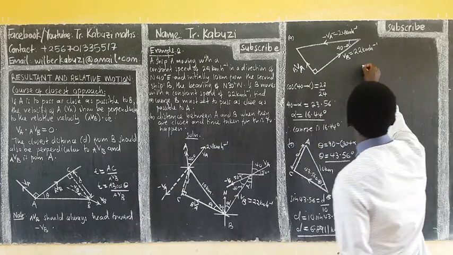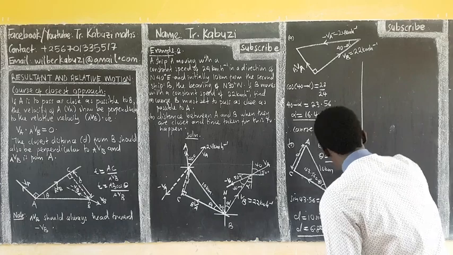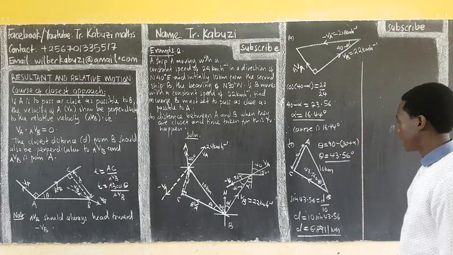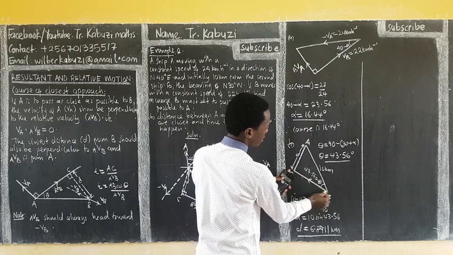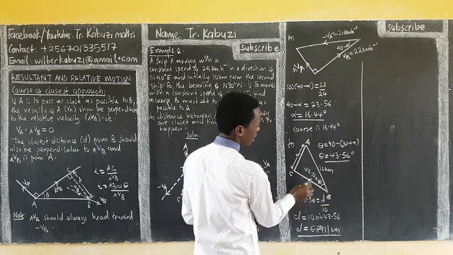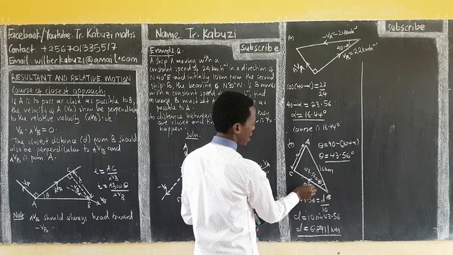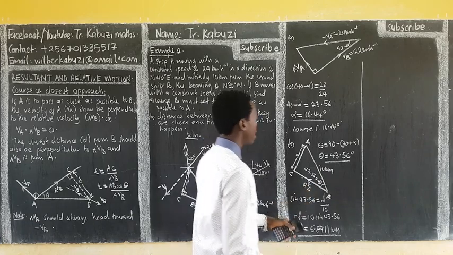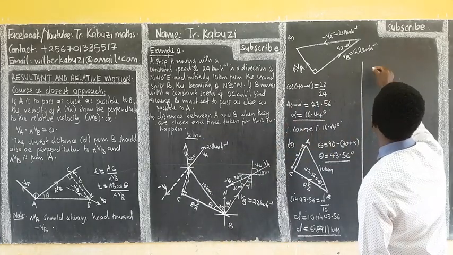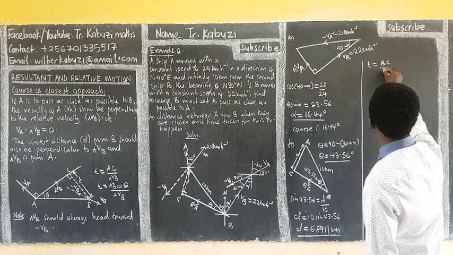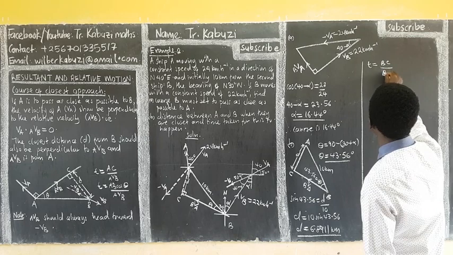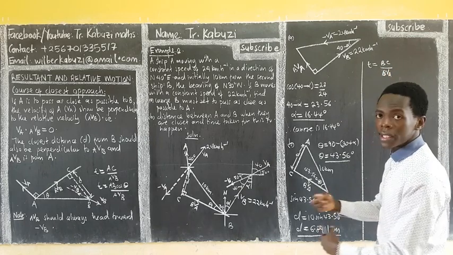Okay, so from there, they are asking us for the time. To get the time, remember that to get to this shortest distance, we have covered the distance BC, using the velocity of B relative to A. So the time is going to be BC over the velocity of B relative to A. These ones are just changing.